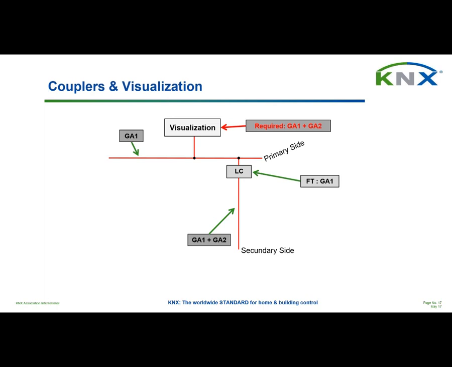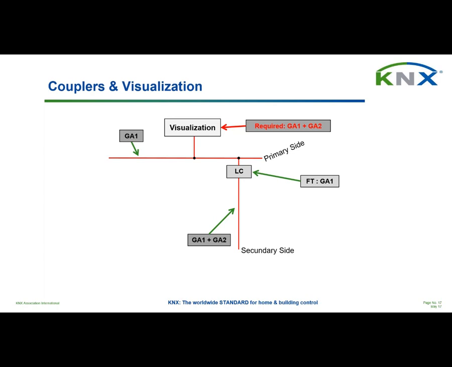Well, the first option is, of course, to manually add to the filter table in ETS for this line coupler. But that is not a good solution. Why not? Because the next time you want to change something in the installation, ETS will automatically recreate the filter tables of the line couplers and find out, hey, wait a moment, this line coupler shall not have group address 2.